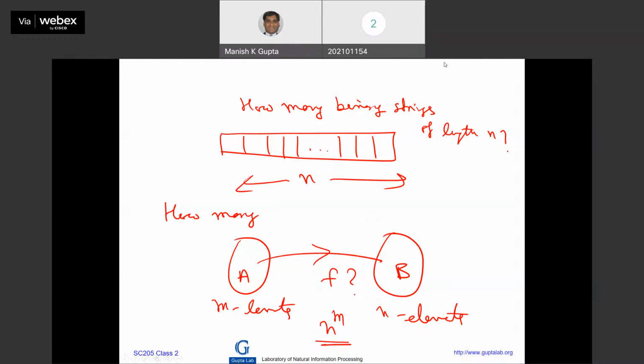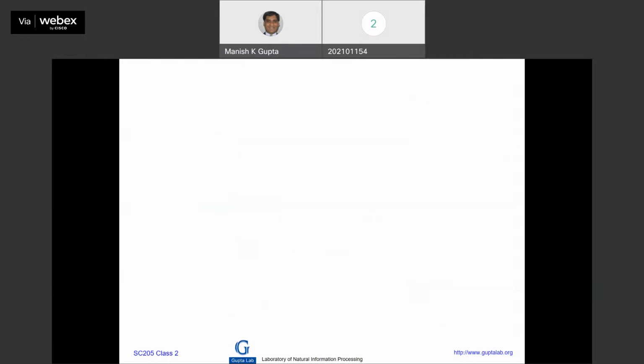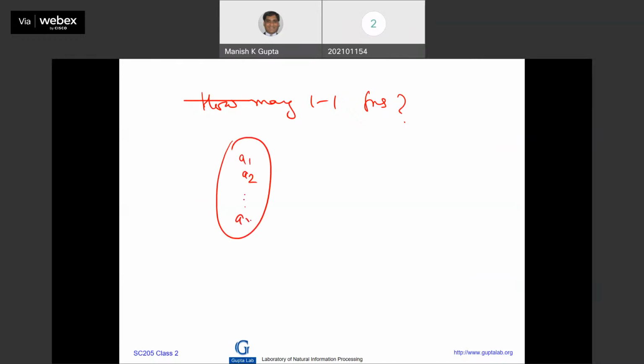I can modify this question a little bit, and ask: how many one-to-one functions are there from m elements to n elements?